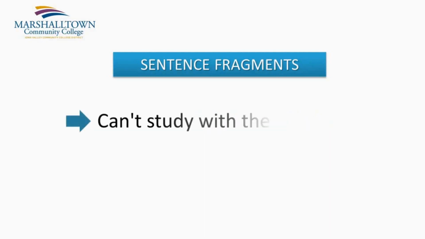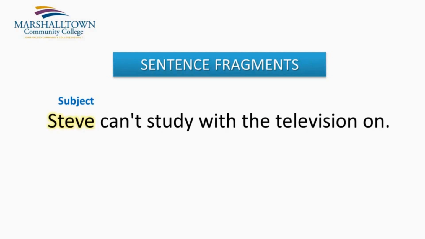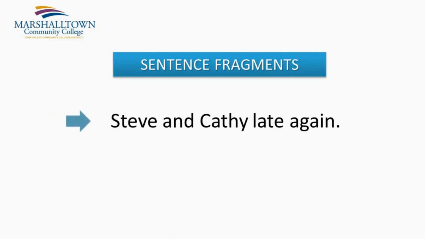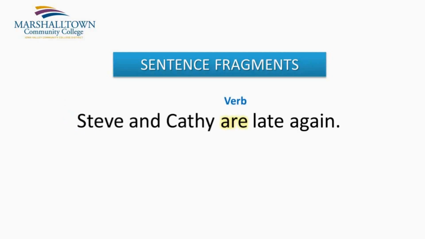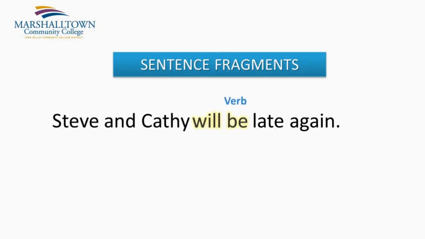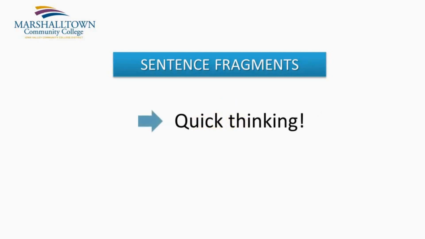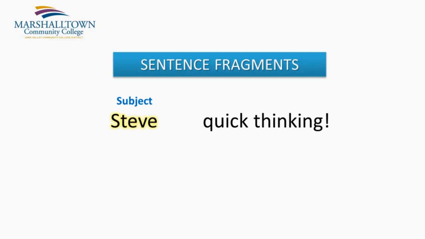For example, we might say, "Can't study with the television on," which is missing a subject like Steve or he or I. Or "Steve and Kathy late again," which is missing a verb like are or will be. Or "Quick thinking," which is missing both a subject like Steve and a verb like was.